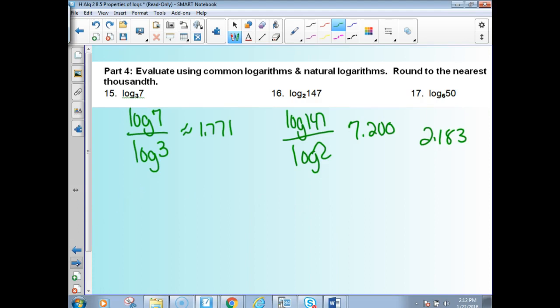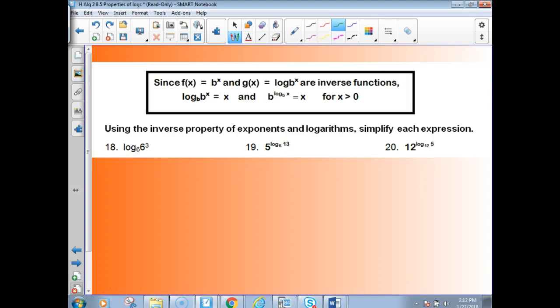All right. We can use inverse functions or inverse properties of exponents and logarithms. The log in base b of b to the x is just x. Because what are you thinking? You're thinking b to what power equals b to the x?